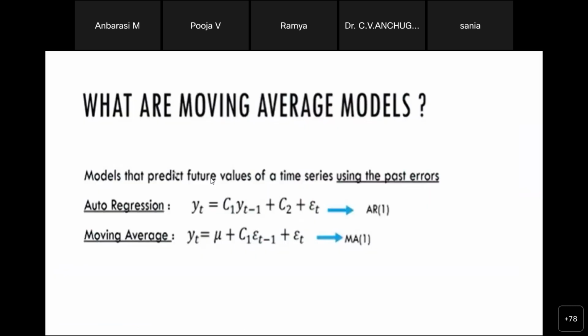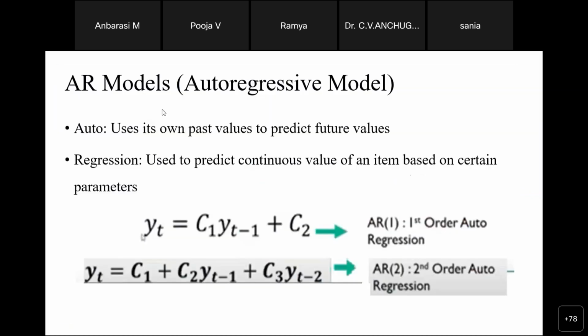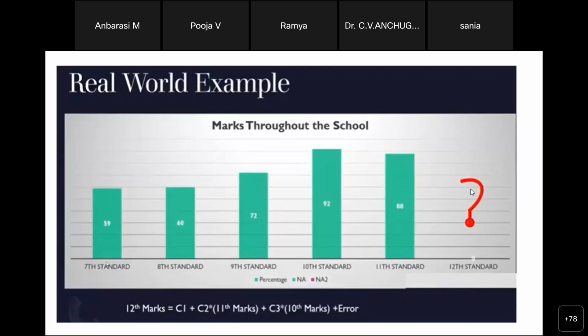The next one is the moving average model. In this model, we also predict the future value of the time series, but here we use past errors. In autoregression, we predict the future value using past values. For example, we predict the 12th standard mark based on the 11th and 10th marks.